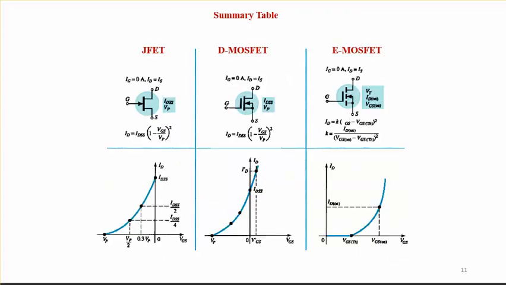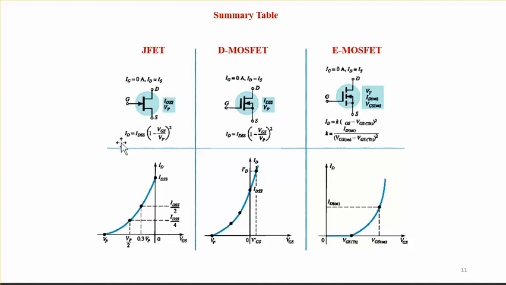And then this is the summary table of the comparison between the junction field effect transistor, D MOSFET and E MOSFET. To generalize it, here we have given the symbol diagram of how it varies between the MOSFET and the JFET.